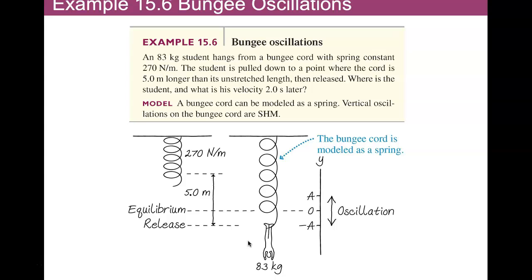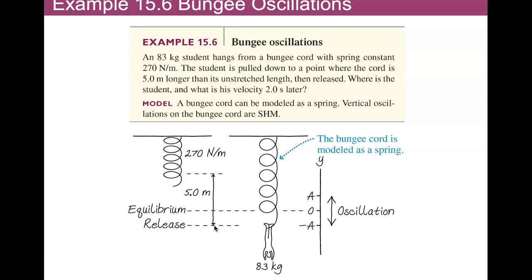The student's hanging there, and the student is pulled down to a point where the cord is 5 meters longer than its unstretched length, right? So that's where it's unstretched. There's going to be some equilibrium position somewhere, but you're pulling the student even further down.